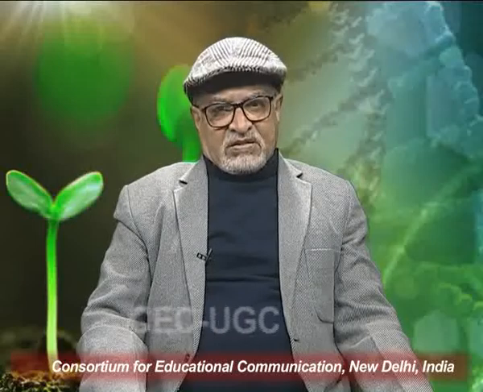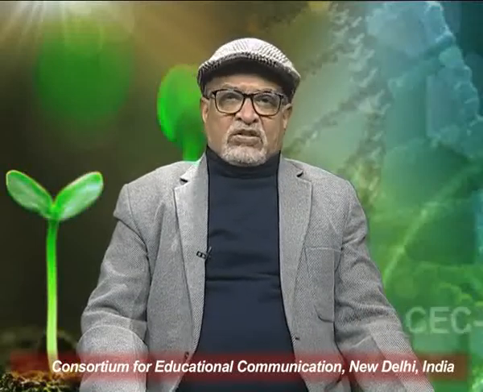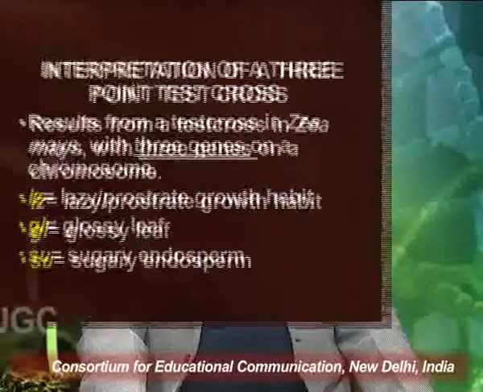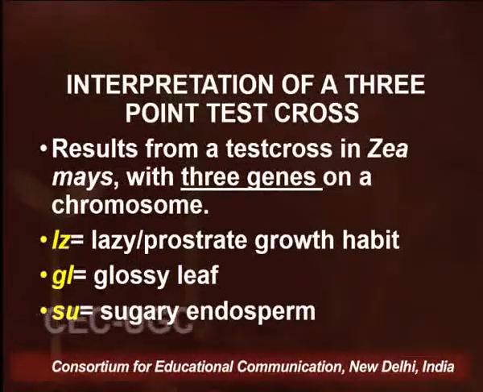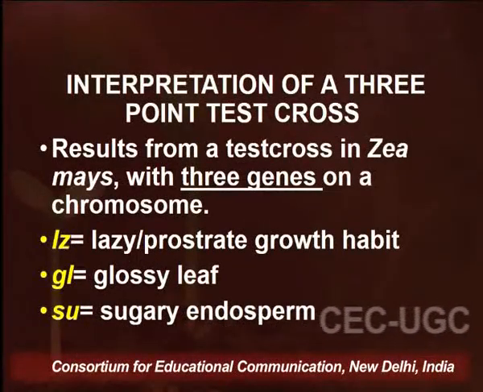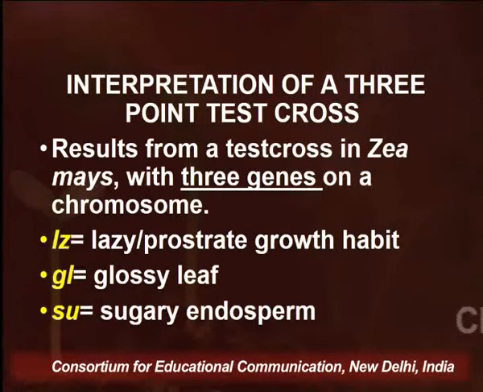We take the example of Zea mays, and what are the results of a test cross? Now this has 3 genes on a chromosome. On your screens you will find that the lazy or prostrate growth habit of Zea mays is characterized by the small lz, and gl signifies a glossy leaf, and the small su is for the endosperm of Zea mays, which is sugary.